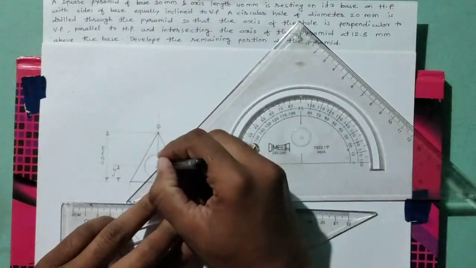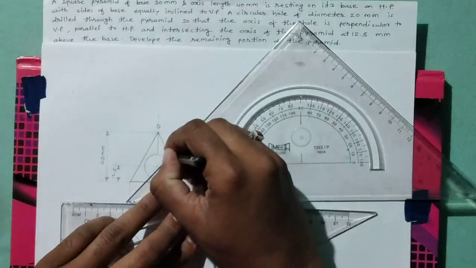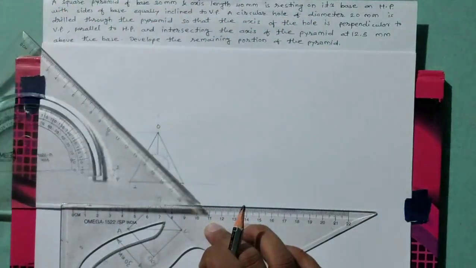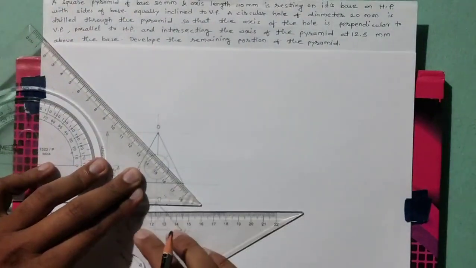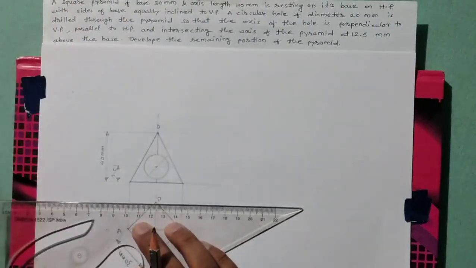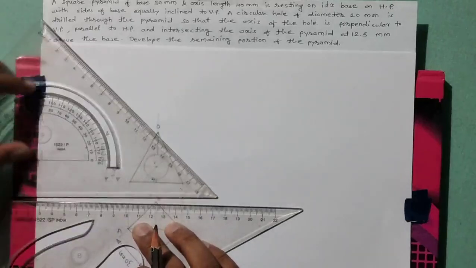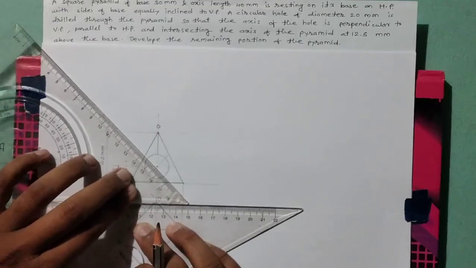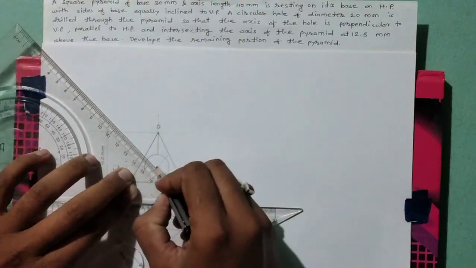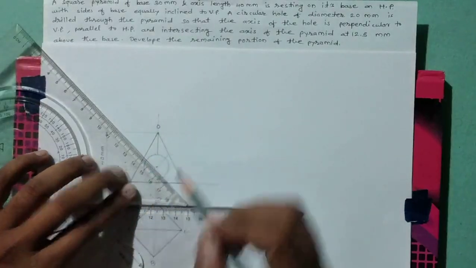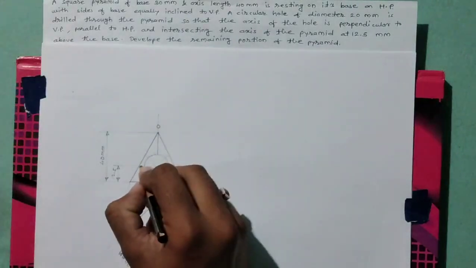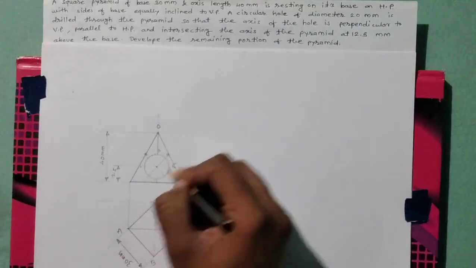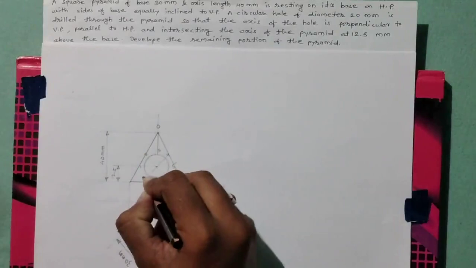It is the easiest method to divide the circle into 8 parts. Name the points 1, 2, 3, 4, 5, 6, 7, 8.